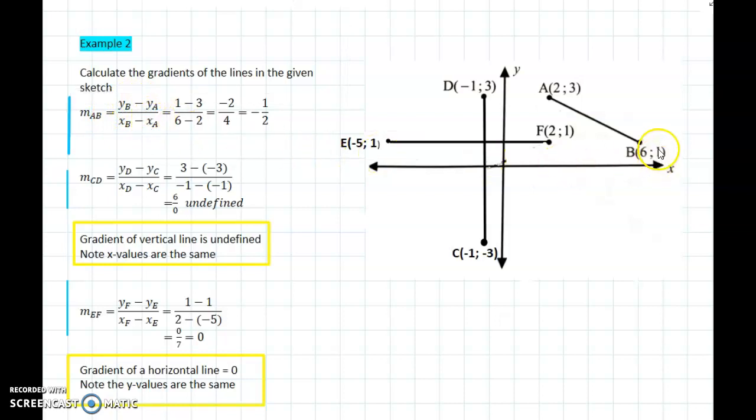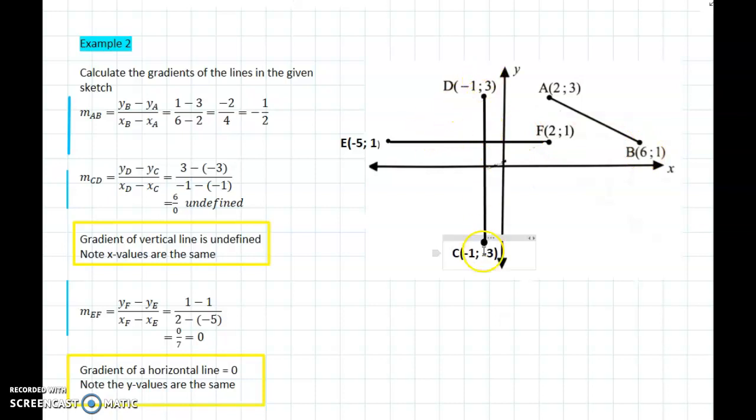So I'm saying y_B minus y_A, 1 minus 3 over 6 minus 2, which gives you negative 2 over 4, which gives you negative a half. Note, the gradient is negative, -1/2. So when the line slopes downwards, when we're going downhill, the gradient is negative.